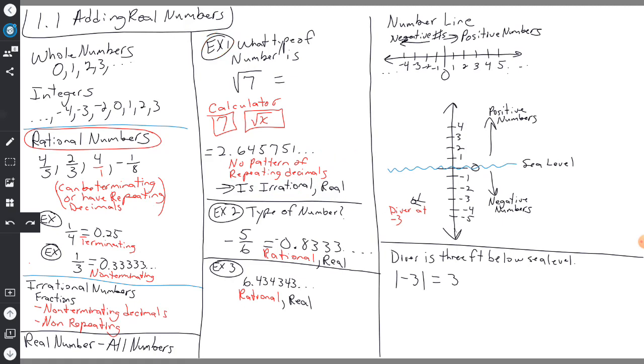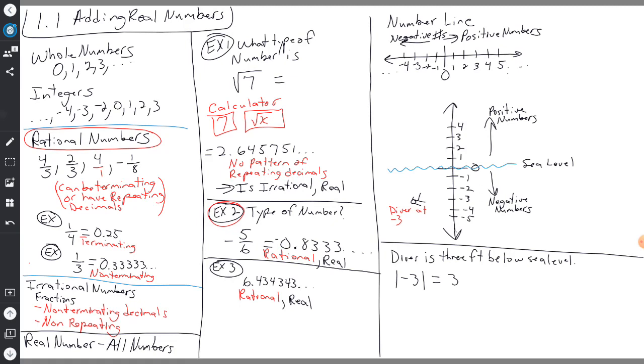In example 2, again, we're looking at what type of real number, what type of number this is: -5/6. Again, when we do the calculation to determine a decimal number, we'll see that this is -0.8333, and that 3 will continue on and on.